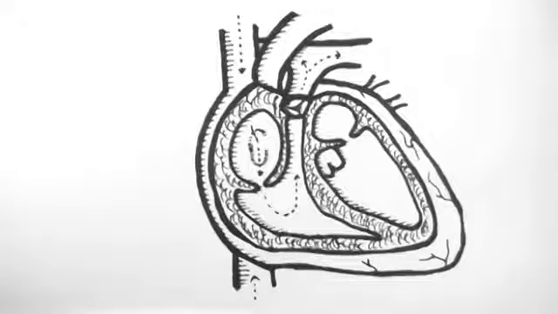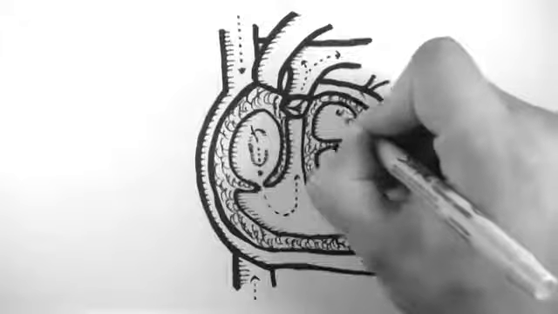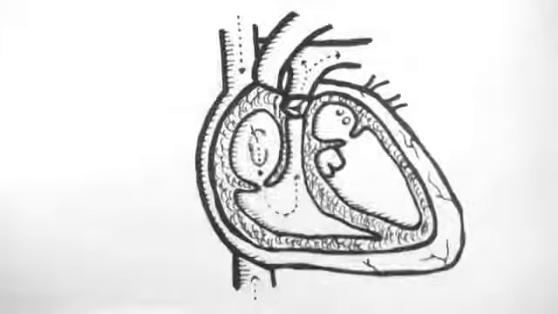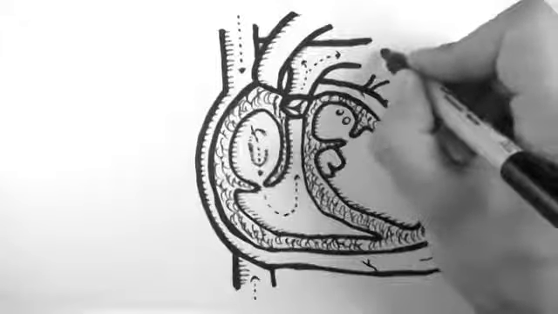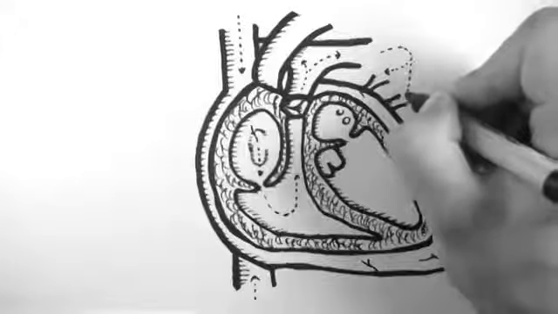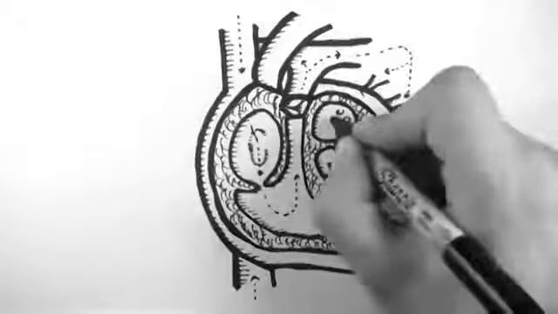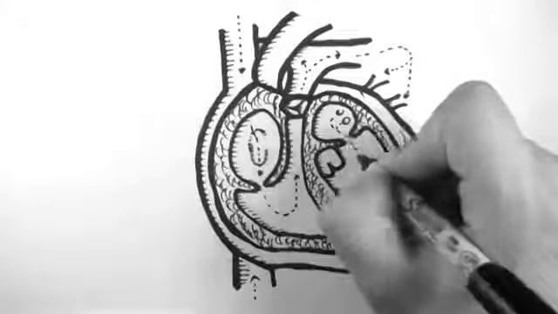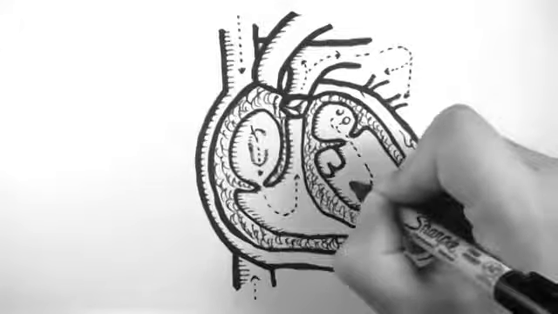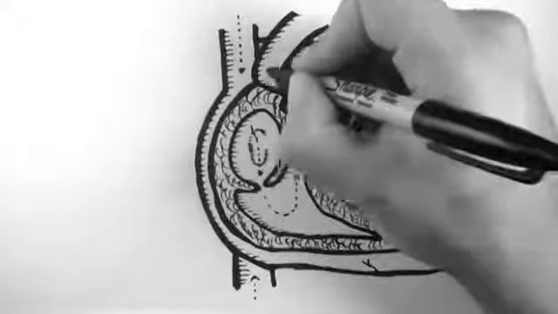It goes out to the lungs here and then comes back in through these veins here and here. Then the blood moves down through these two chambers and then back up through this valve and out through this vessel.